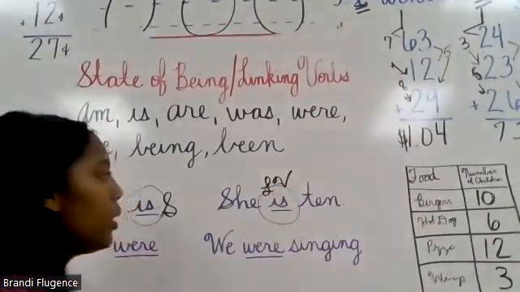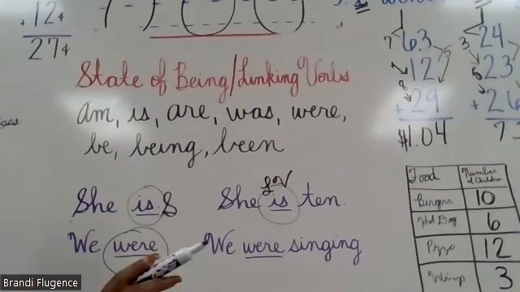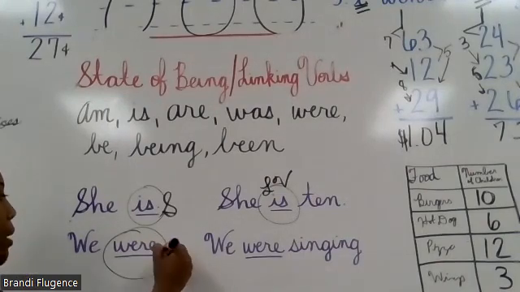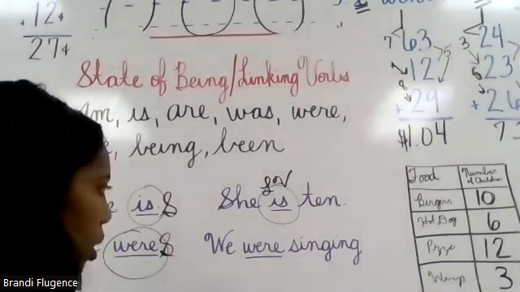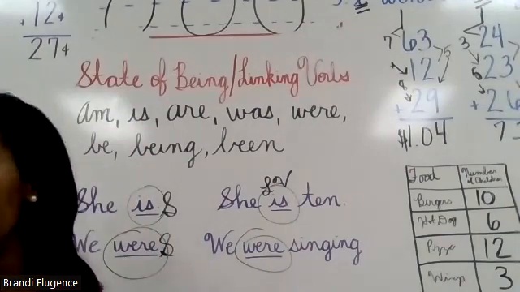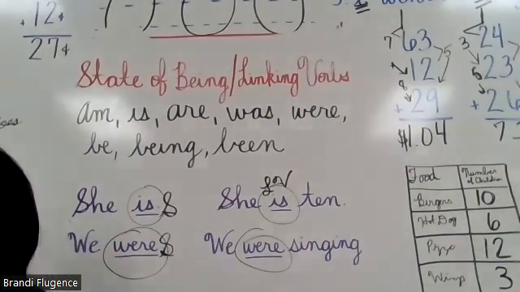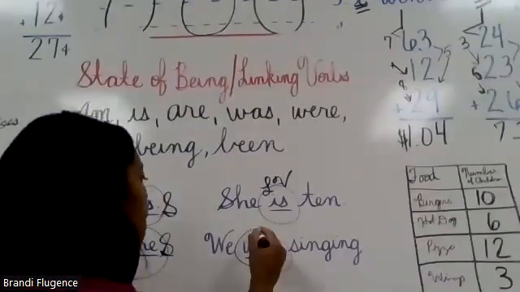Okay, we were. Were in this case is the verb. What kind of verb will were be? State of being, but when I say we were singing, the word turns into what kind of verb now, Faith? Linking verb. Linking verb, good.